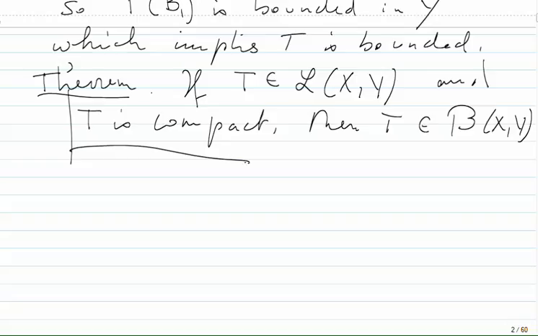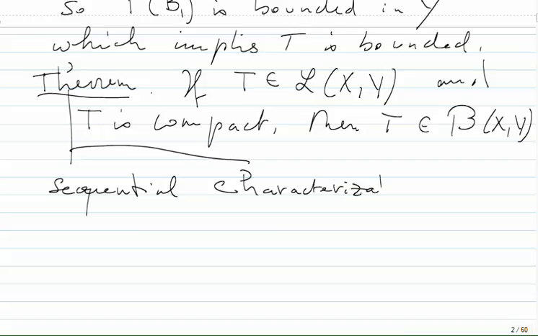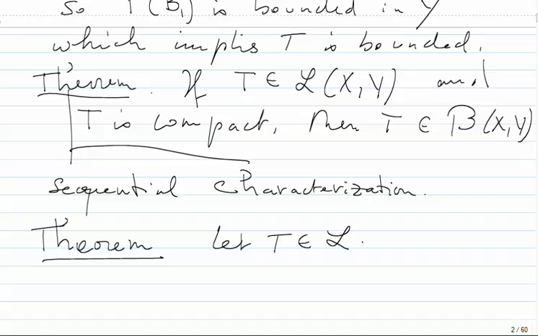If we use a sequential characterization of compactness, because we're in metric spaces, we get the following result. Theorem: let T belong to L(X,Y). So of course throughout we assume that X and Y are normed vector spaces.